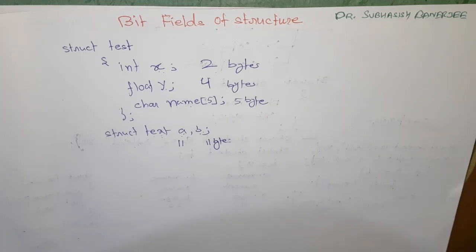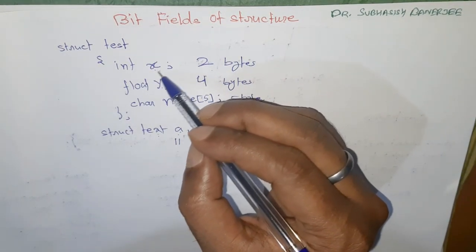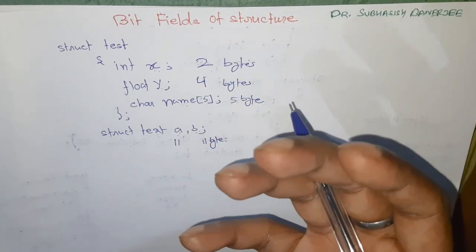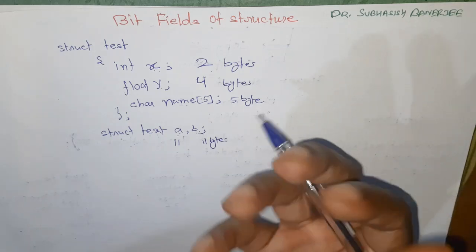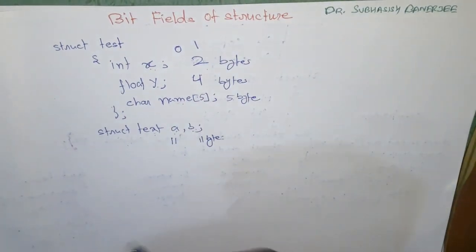But at the time of inserting the record, suppose the variable x that we have declared is going to hold a binary value. Suppose we want to store data in x as either 0 or 1.